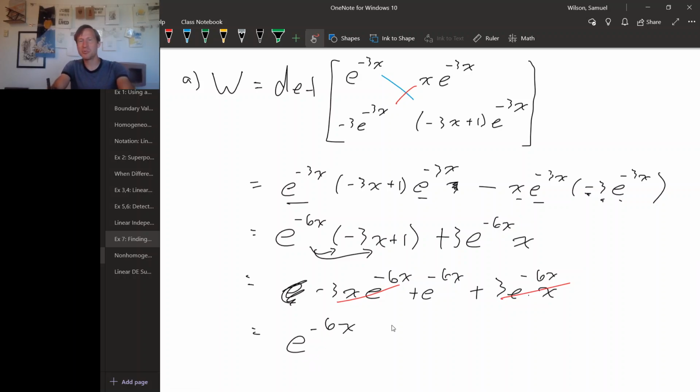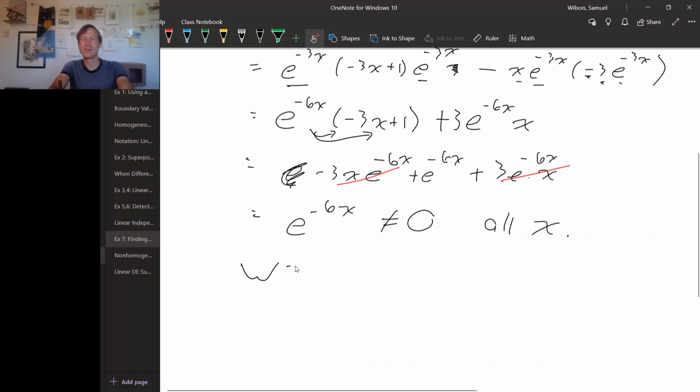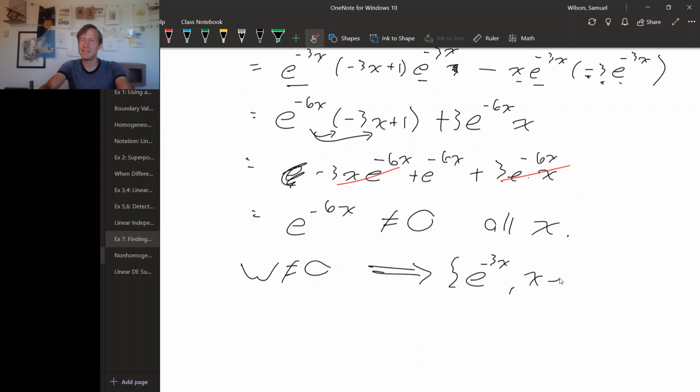And remember, we want to know, when is this 0? Well, this is never 0. So this is non-zero for all x. And remember, a non-zero Wronskian means that our collection of solutions, e to the minus 3x and x e to the minus 3x, is linearly independent.